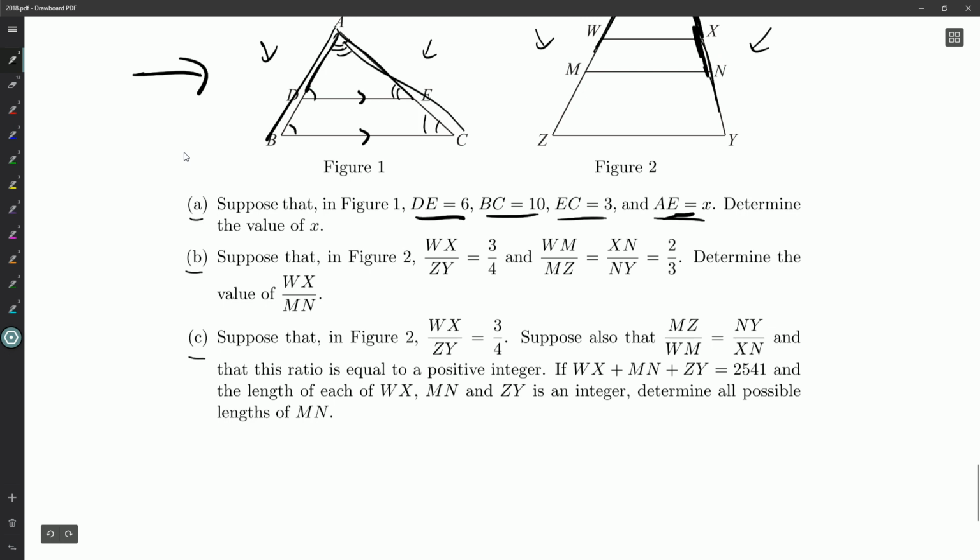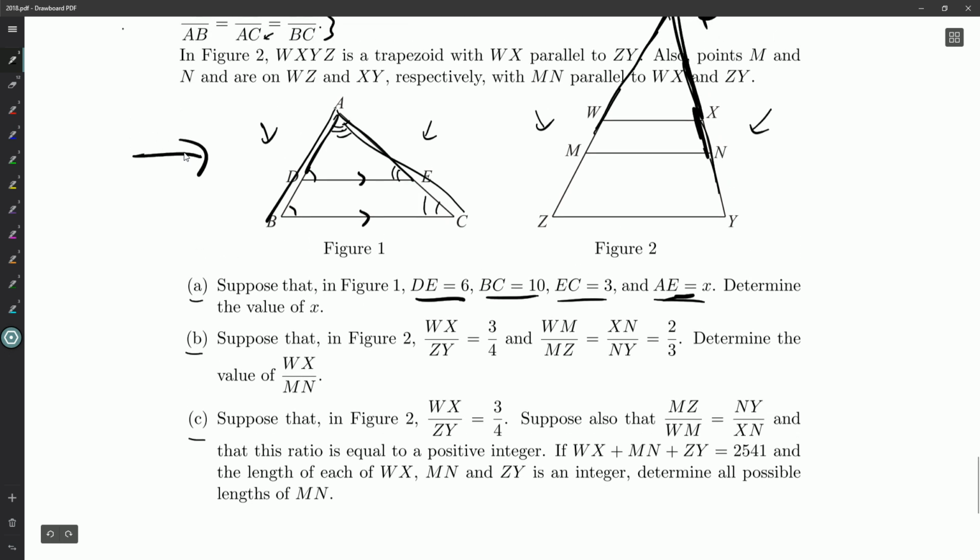So B part. Suppose that in Figure 2, WX over ZY is 3 to 4. WM over MZ is the same as XN over NY, which is 2 to 3. Determine the value of the ratio of WX to MN. Okay, let's copy the picture a little bit.